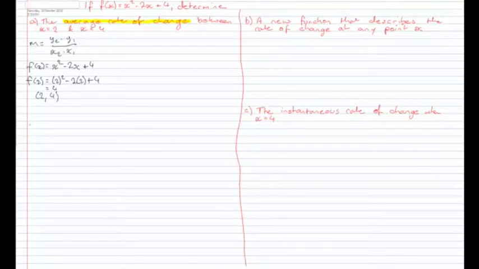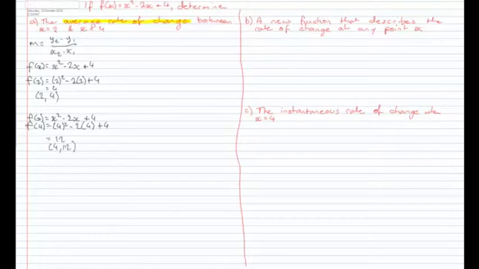Now substitute in x equals 4. Once again write out the function: f of x is equal to x squared minus 2x plus 4. Substituting 4, f of 4 is equal to 4 squared minus 2 times 4 plus 4, which is 16 minus 8 is 8 plus 4 is 12. Therefore the coordinates at this point are (4, 12).